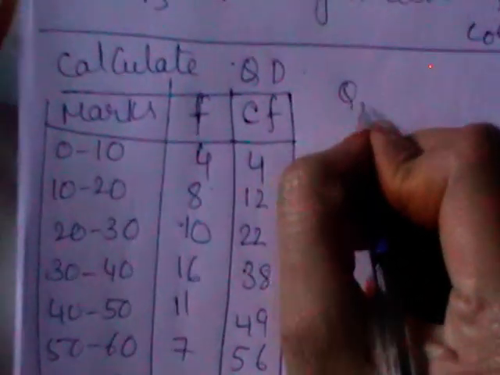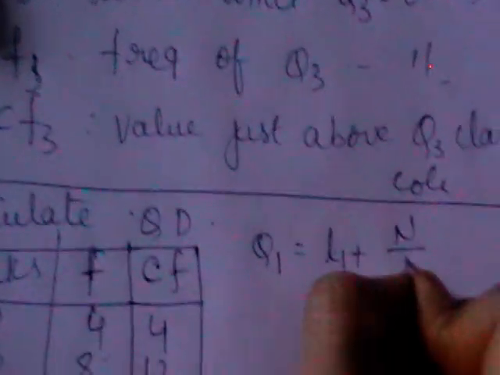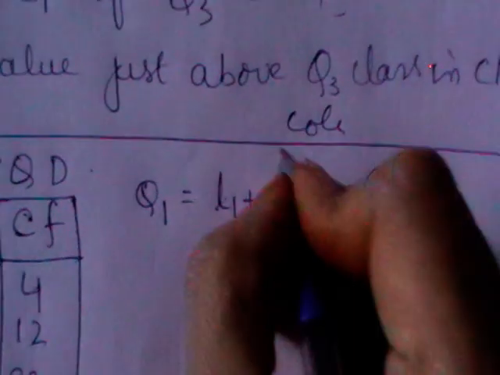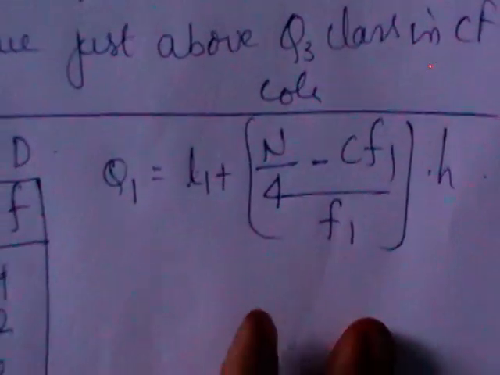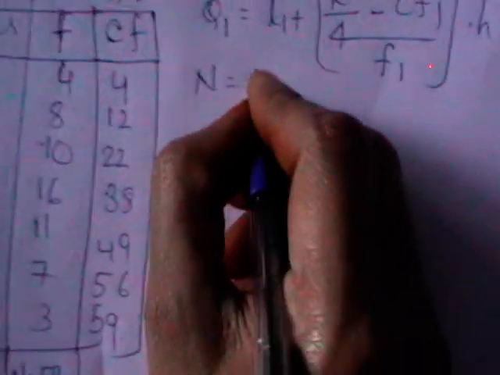So what is the formula for Q1? L1 plus n by 4 minus CF1 by F1 into H. Just now we have discussed. To identify this L1, CF1 and F1, you should identify the Q1 class. N here is 59.